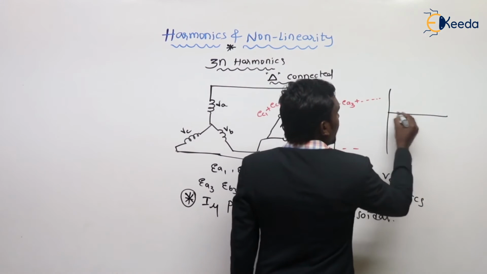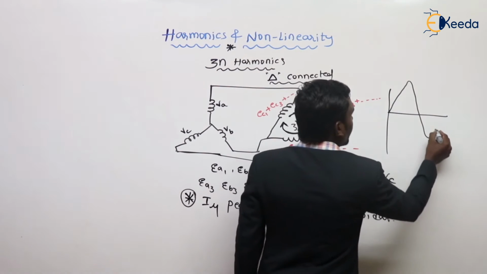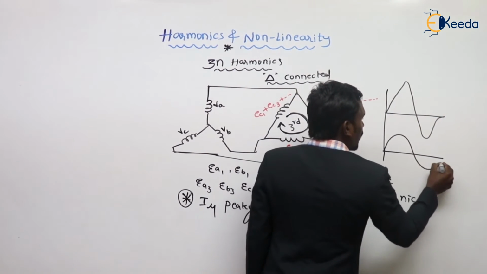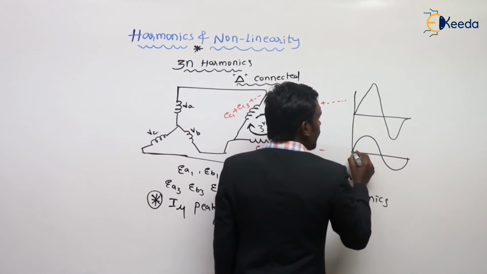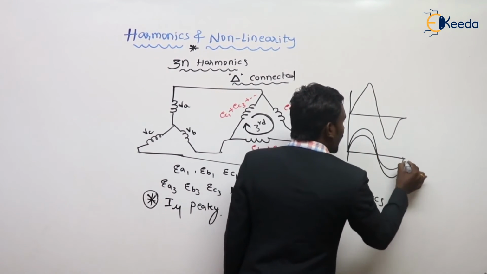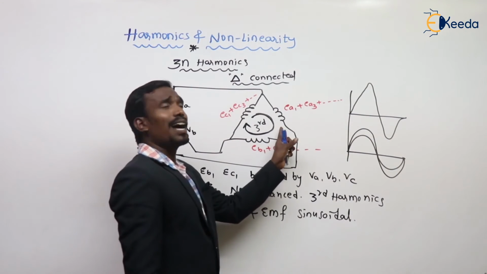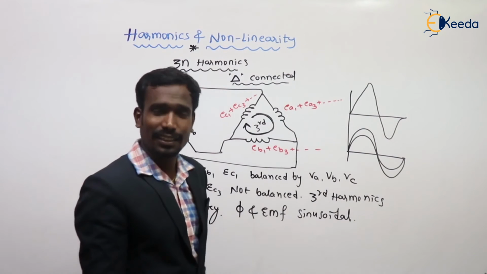Generally, here the I mu is a peaky wave, but the flux and EMFs are sinusoidal when the transformer winding is delta connected.